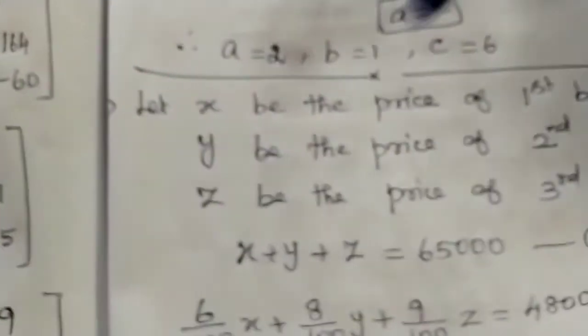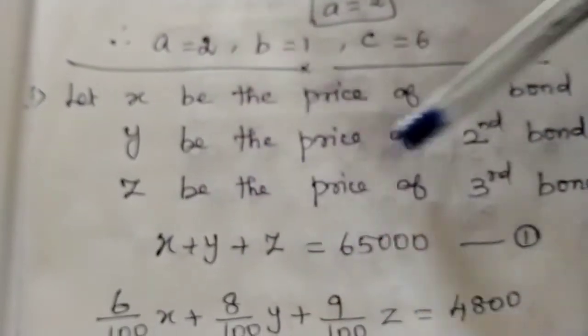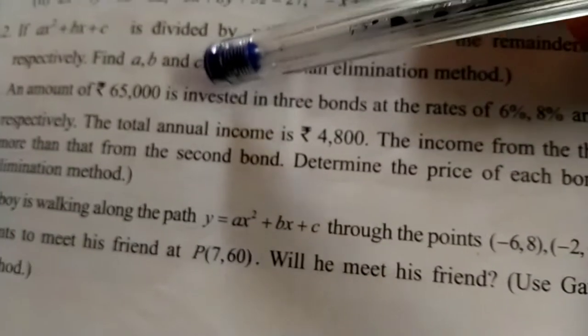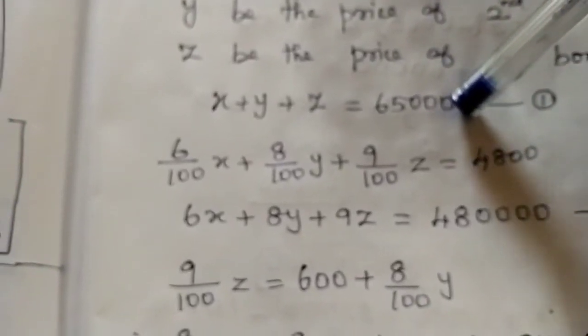I will take, let x be the price of first bond, y be the price of second bond, z be the price of third bond. First, total amount equal to 65,000 is given. Then the first equation is x plus y plus z equal to 65,000.